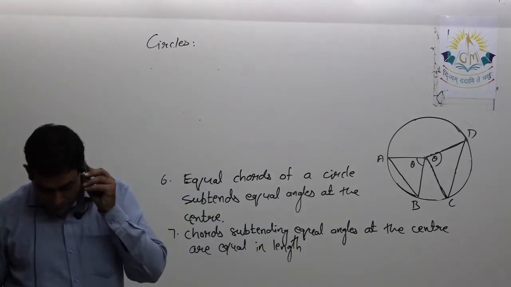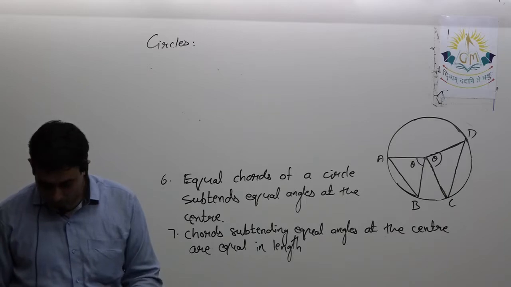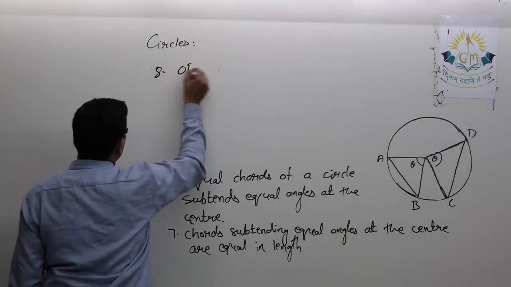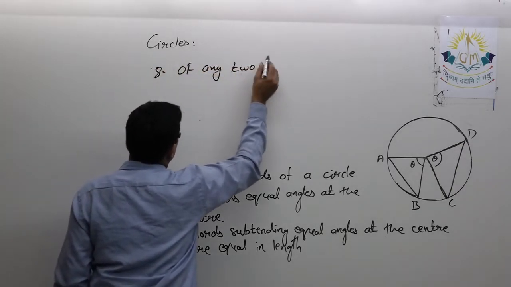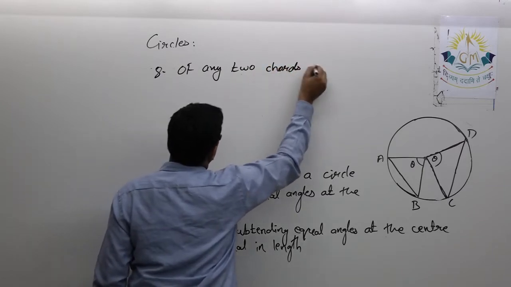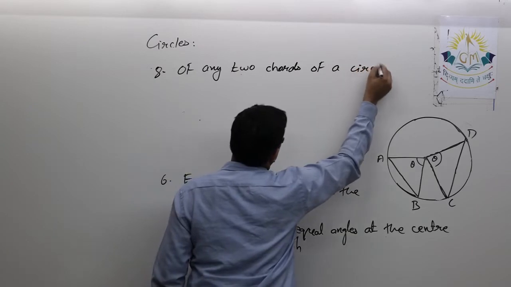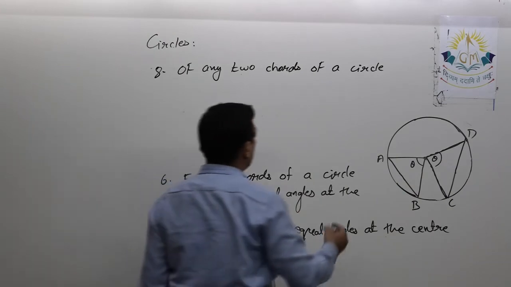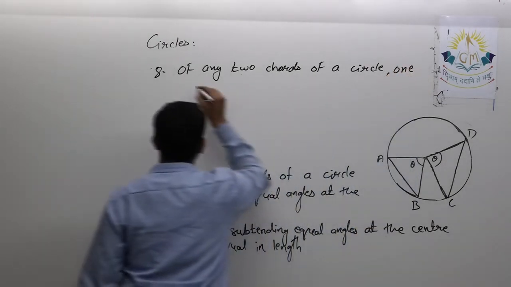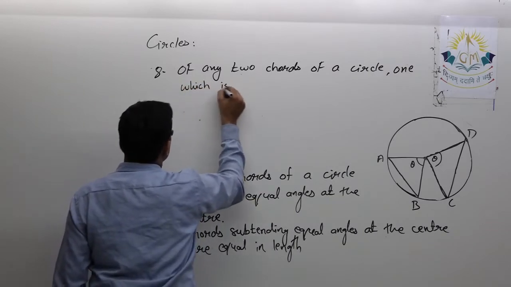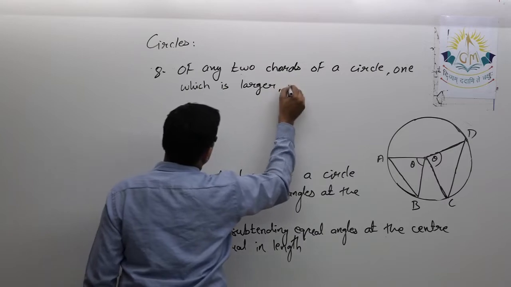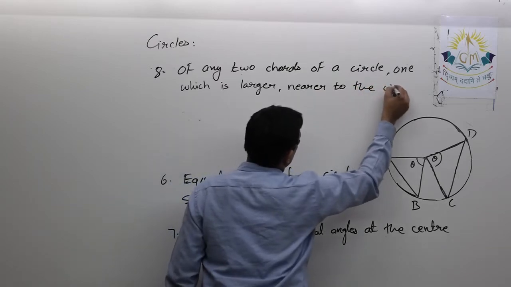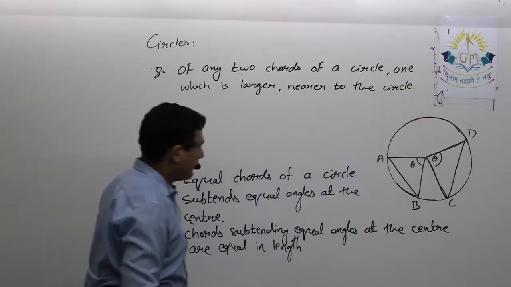Okay, now next is: of any two chords of a circle, the one which is larger is nearer to the center.